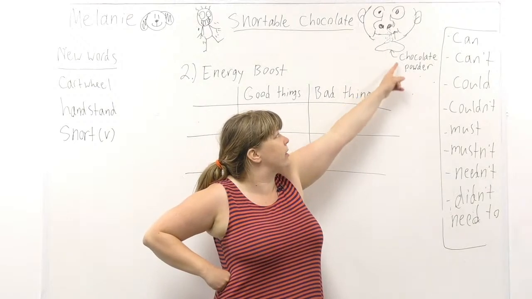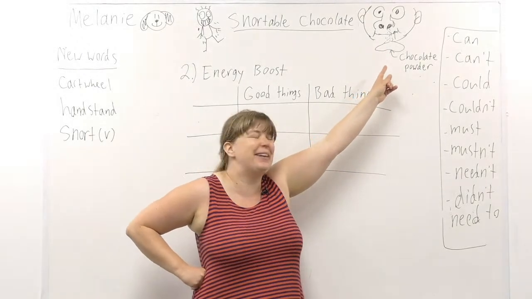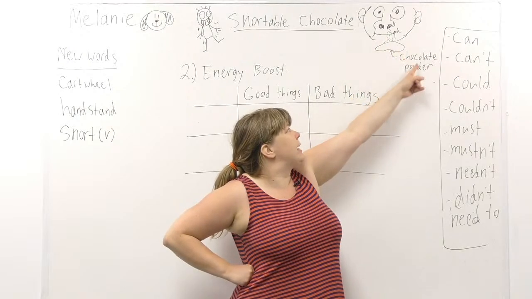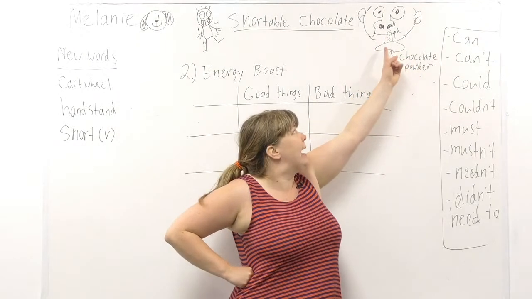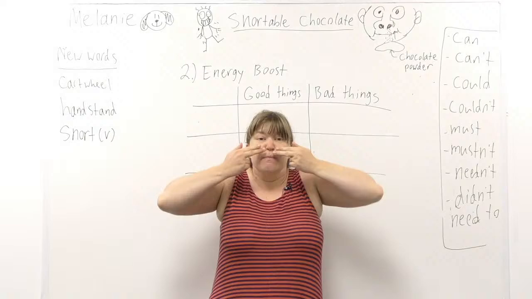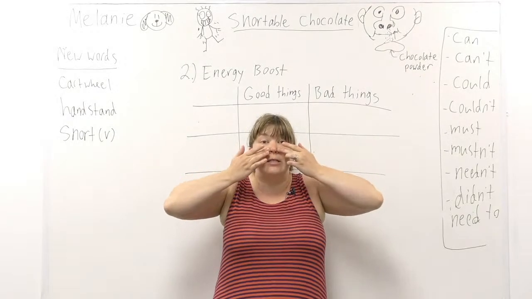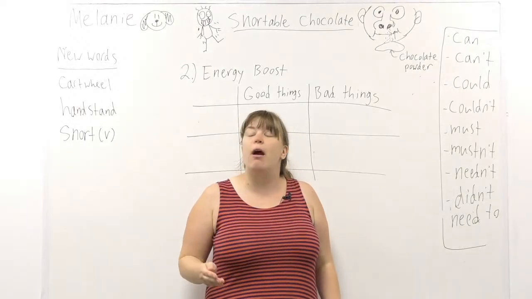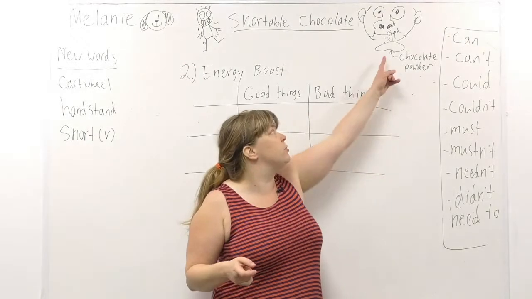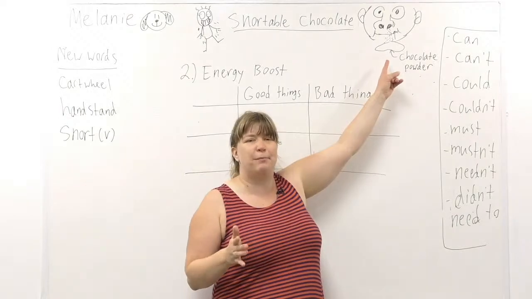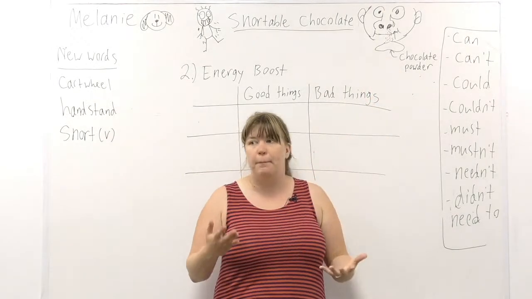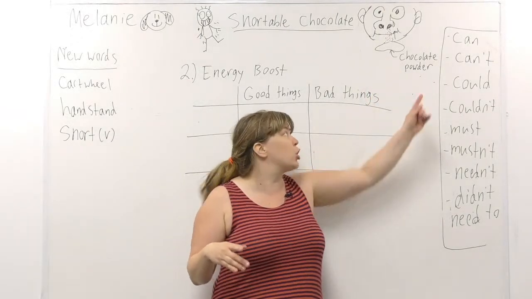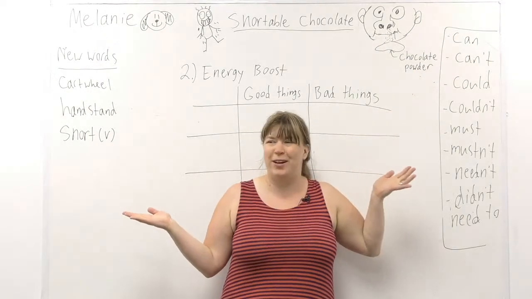So you can look here, I drew a picture, not a very nice one, but here you can see there's chocolate powder and he is snorting it into his nose, into his nostrils. So there are other drugs you can do this with. I'm not going to name them, but I think you get an idea. But apparently you can do it with chocolate now. Oh, who would have thought?